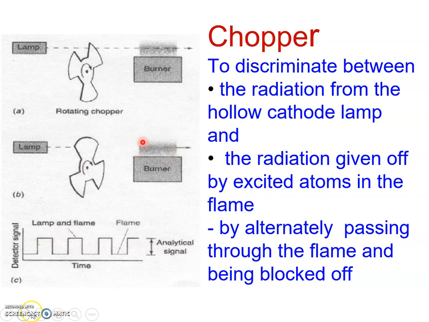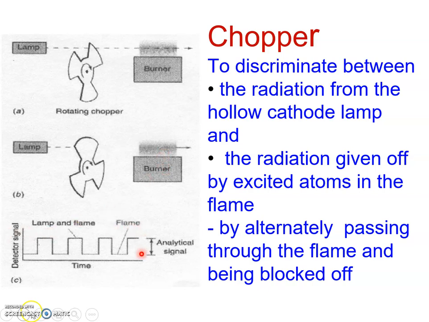Radiation from the flame we cannot stop or eliminate. The detector will always get a signal of radiation from the flame. When the chopper is at the location that blocks the radiation from the lamp, the detector will only read a signal from the flame.